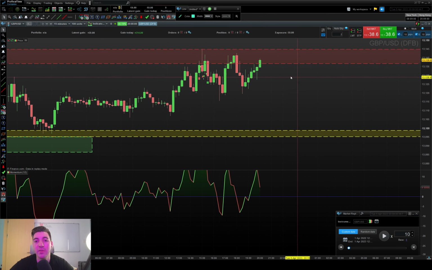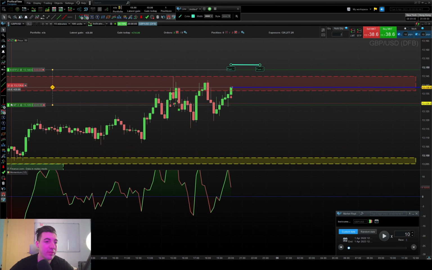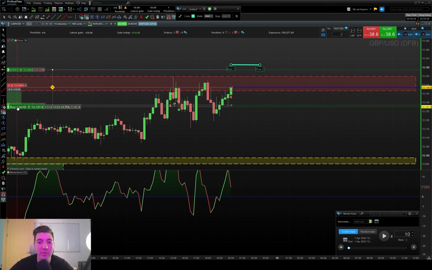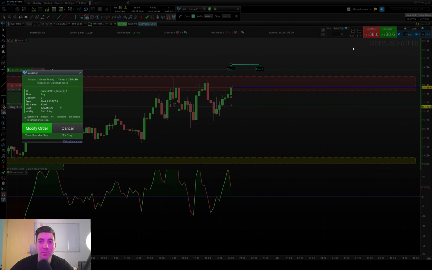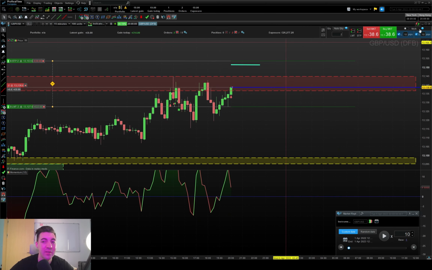Okay, if this really is still a verified supply zone, I'm just going to put my TP here with a stop above this line. Like I said, I have a feeling it's going to break this zone.